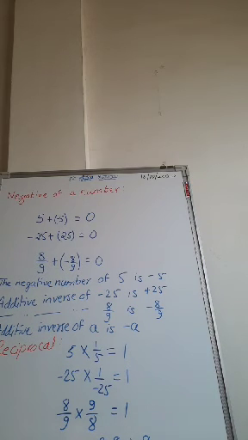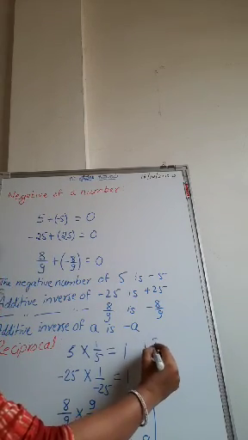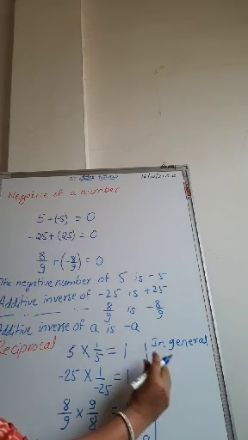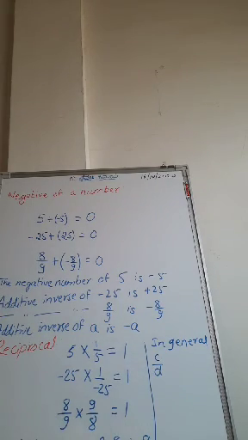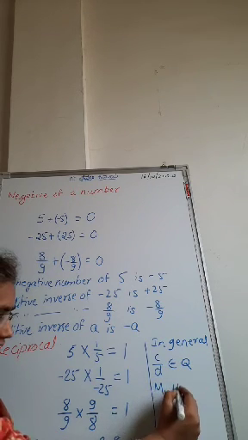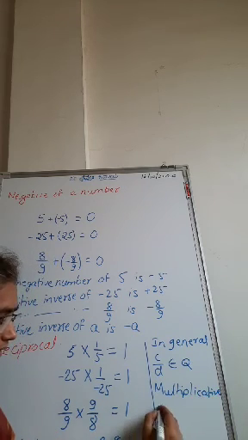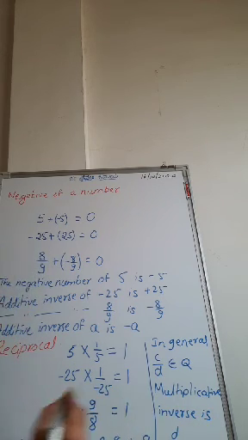In general, what can we say? Okay, I will write here. In general, if c by d is a number belonging to the rational numbers, its multiplicative inverse is d by c.